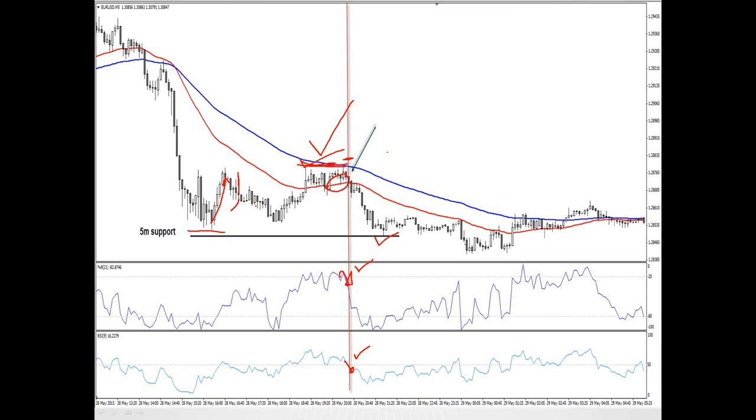You can safely trade off the resistance into the support if you want to be a counter trend trader, but this is a counter trend system, so you want the price to retrace to the red line, then follow these two additional rules. So you can use this kind of strategy, guys, to your advantage.